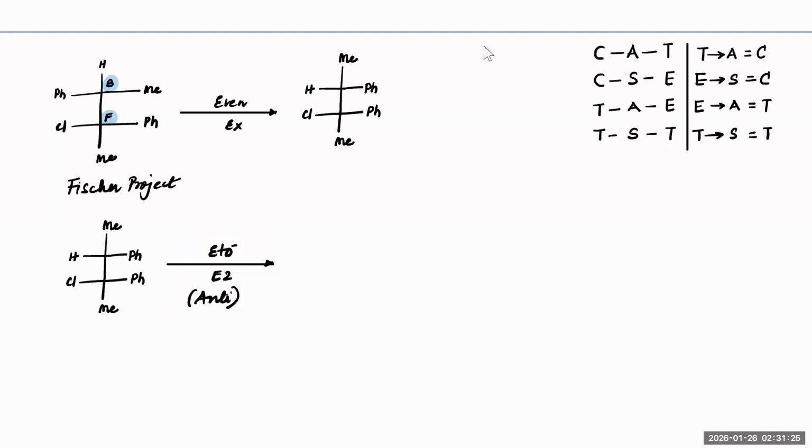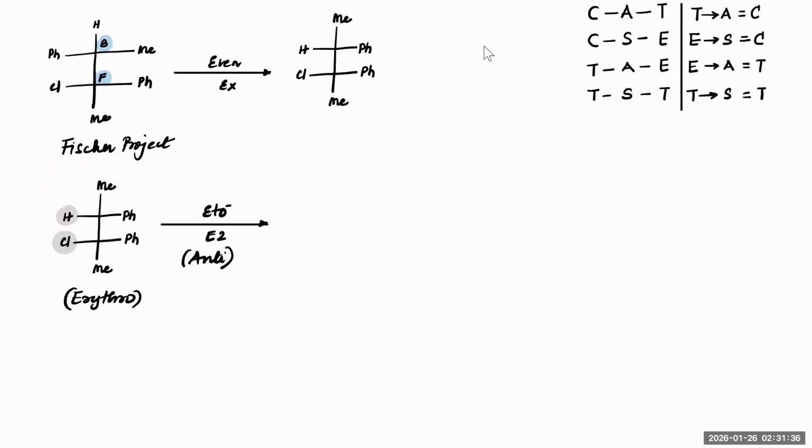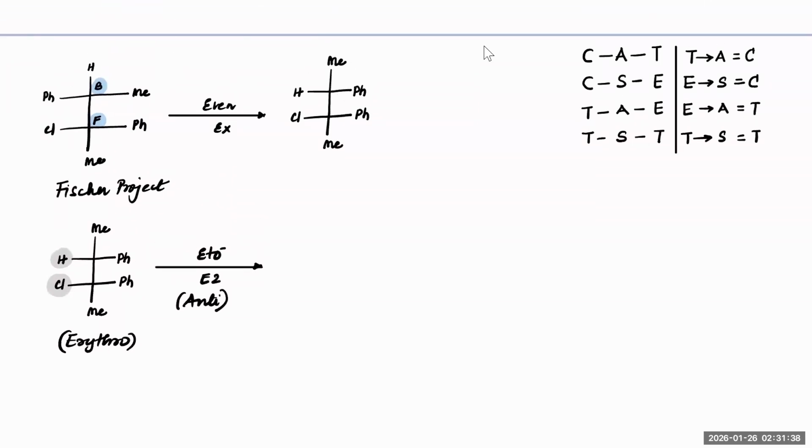See, first, hydrogen and chlorine are on the same side, which means it is an erythro kind. This is an erythro kind. And on erythro, if you perform an anti-elimination, what is the product I should get? I should get trans. This is what you should look into. So we should get trans.